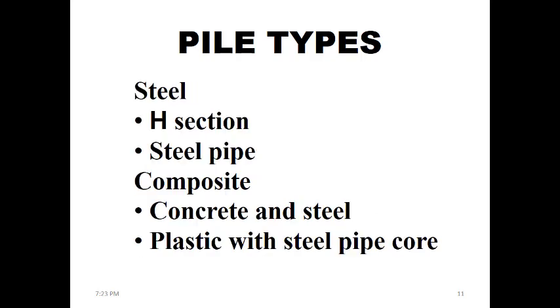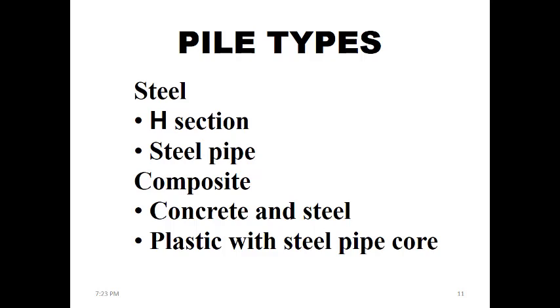From a steel perspective, it can come in different shapes and different cross sections, and each section is pretty common for a steel pile, and it can also be a steel pipe.